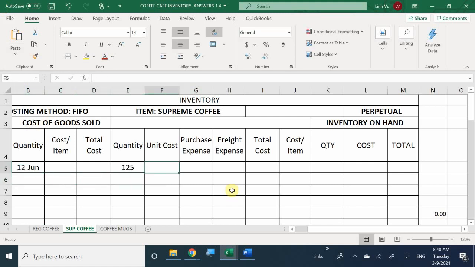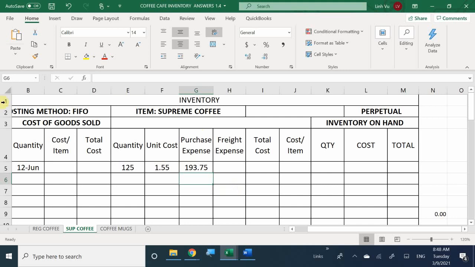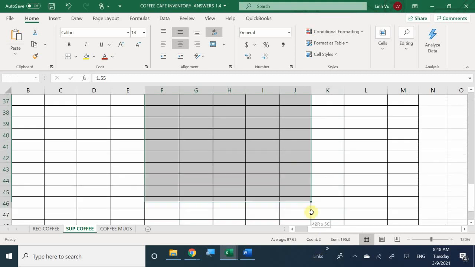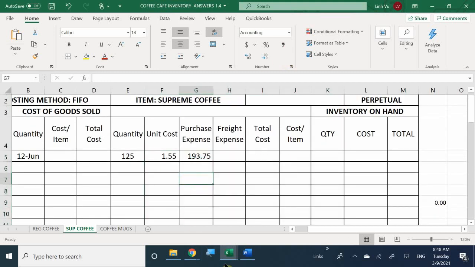At what unit price is my supreme coffee? $1.55, bringing my total purchase price to $193.75. And once again, we're going to hold off on this because we will look into adding the freight soon. Okay, so there we are at the inventory.